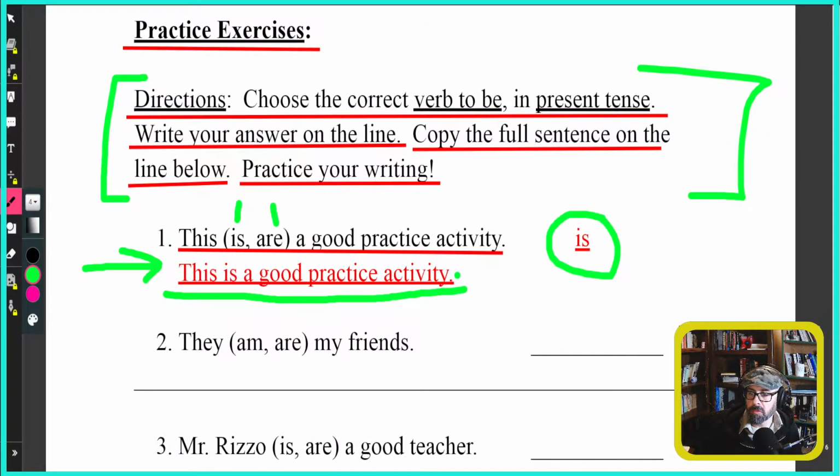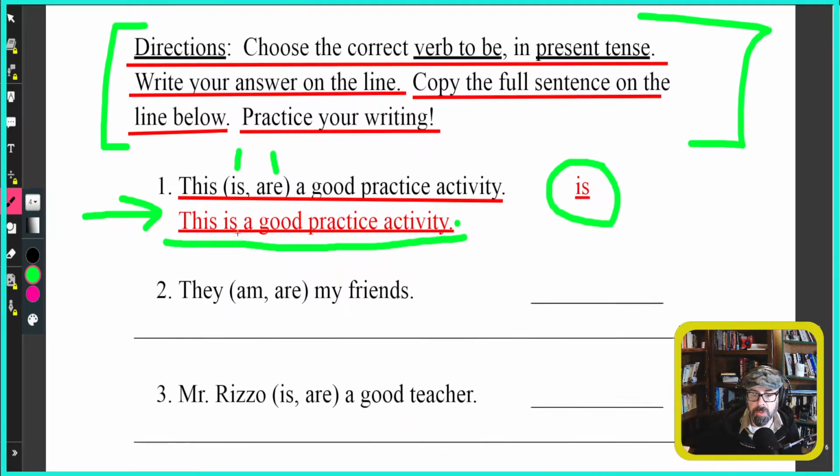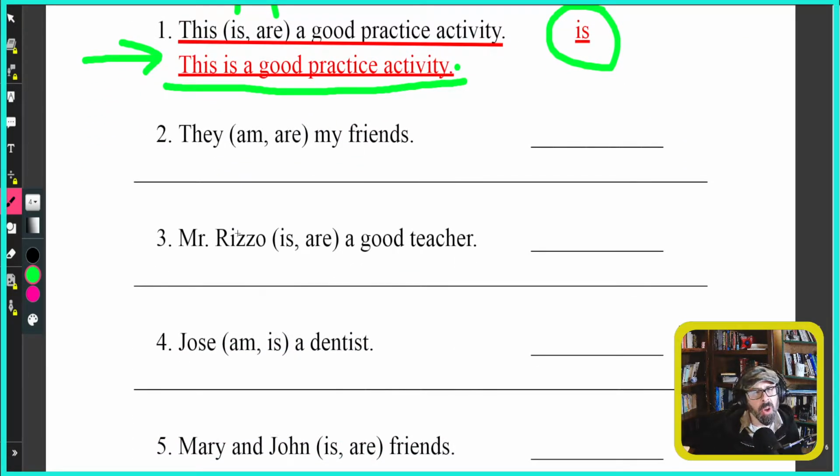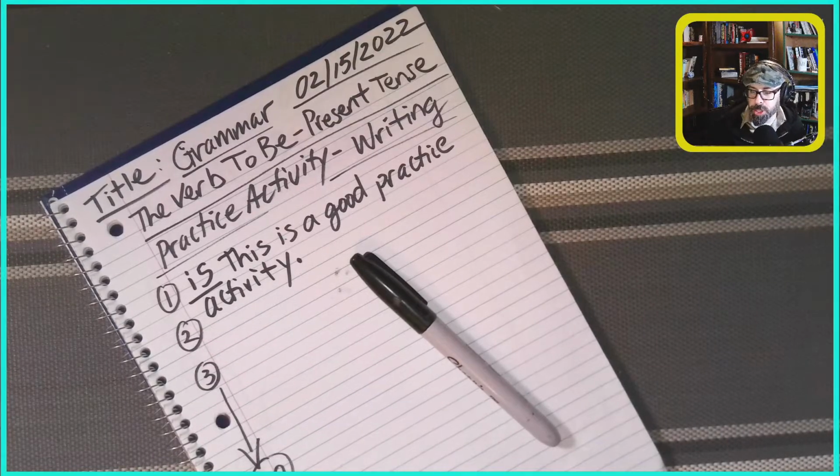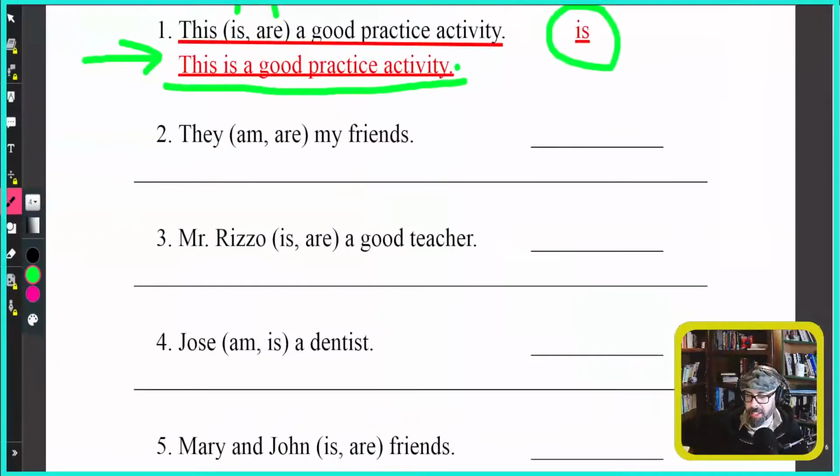Okay, let's try number 2. Write your answer in your notebook. Number 2: they am or are my friends.